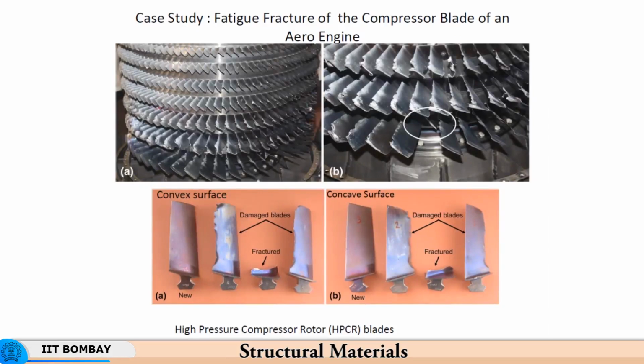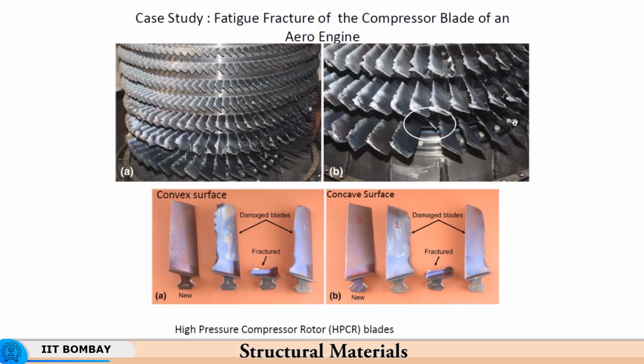This, for example, is a compressor blade of an aero engine, and the compressor blade failed or fractured. Now, if you look at the edges, the edges are also damaged. So, the blade edges have been damaged because of, let us say, air particles or basically wear and tear taking place in the material, and then the blade finally undergoes fracture.